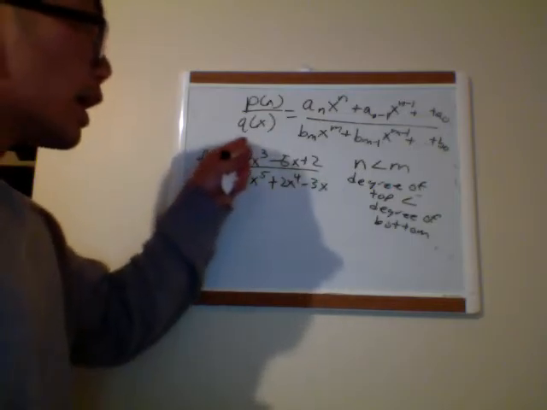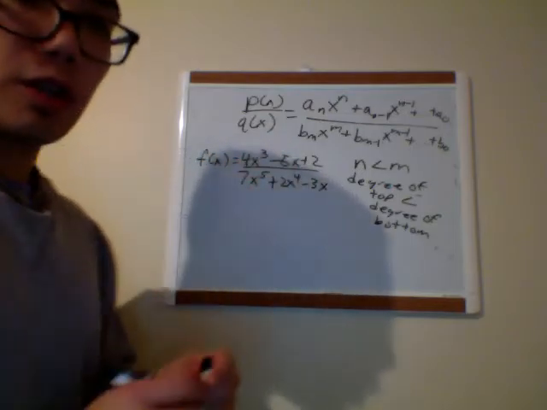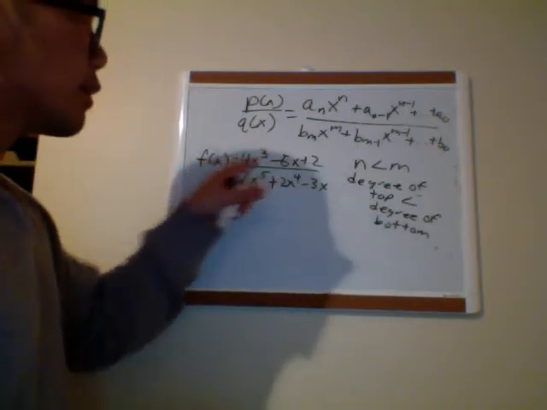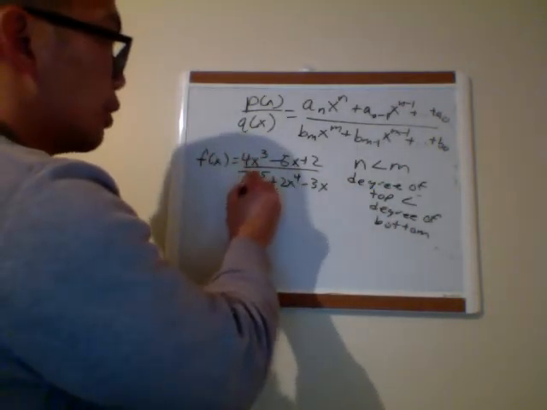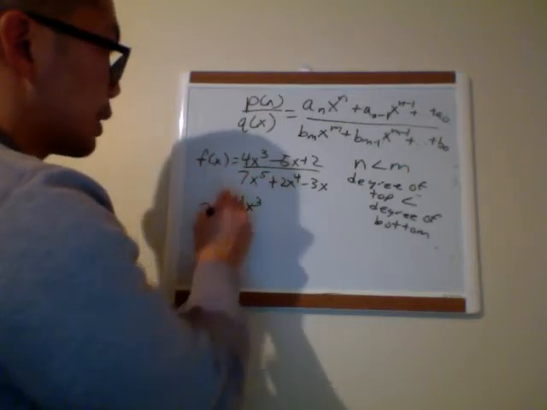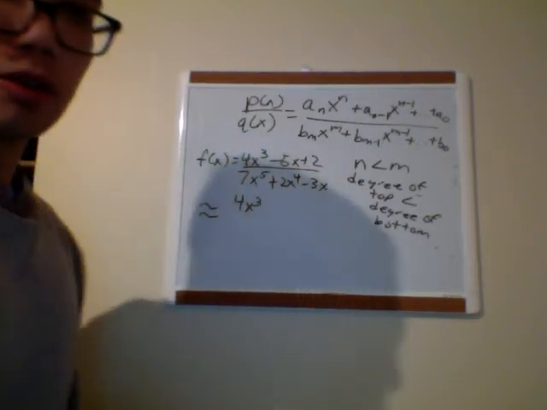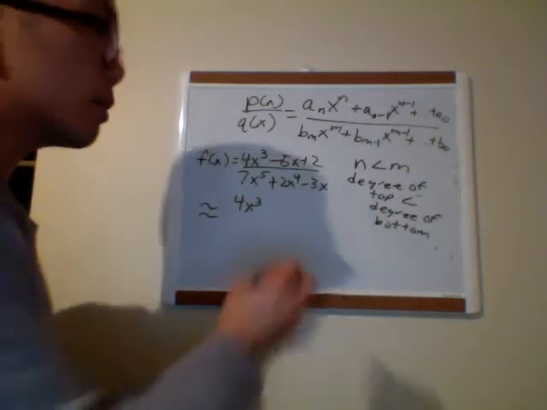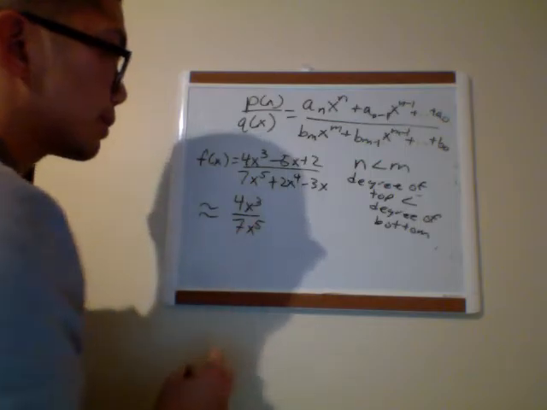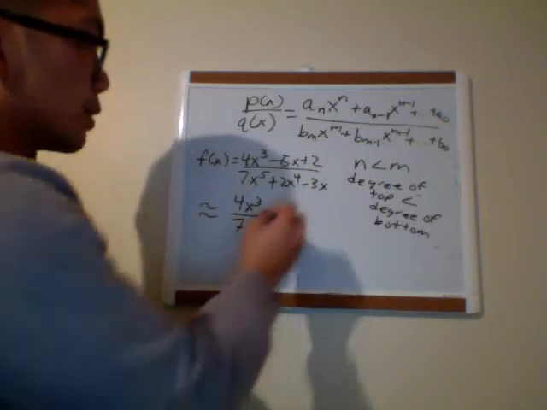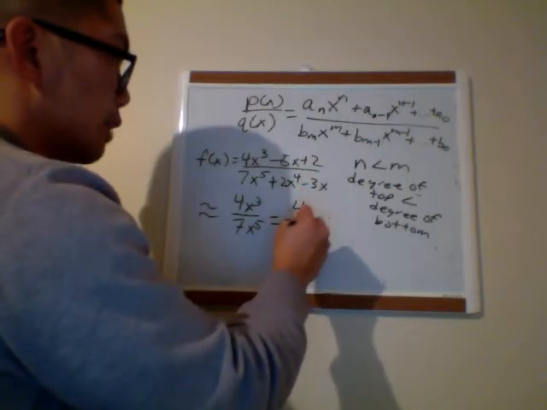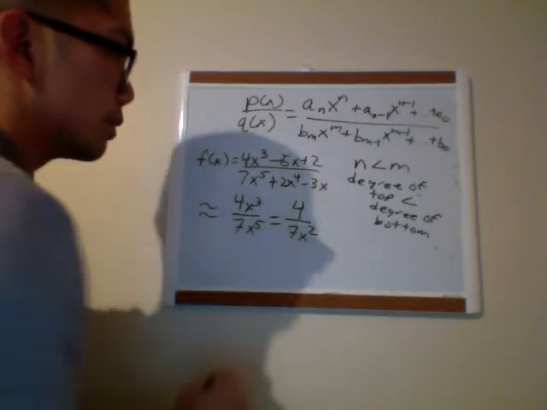Now, if I look at this and I just want to look at the end behavior, the end behavior of the top polynomial is really 4x^3. So we're approximating that the top approaches 4x^3 and the bottom approaches 7x^5. Now, if we cancel the x's out, I get 4 over 7x^2.